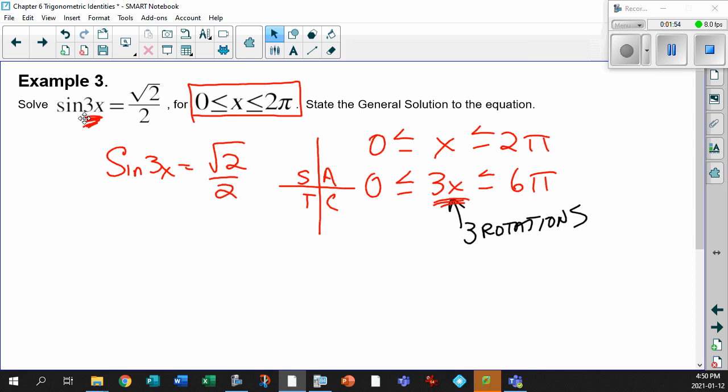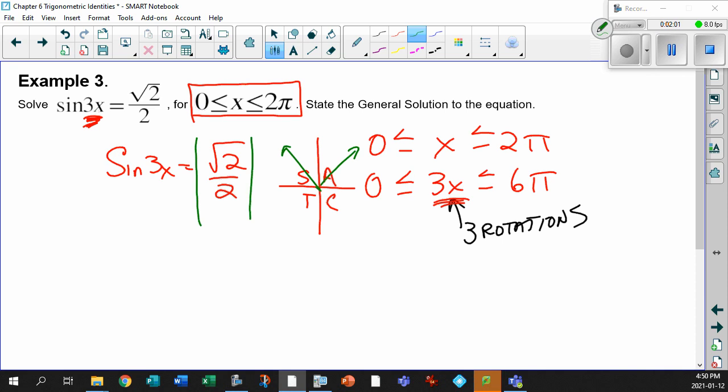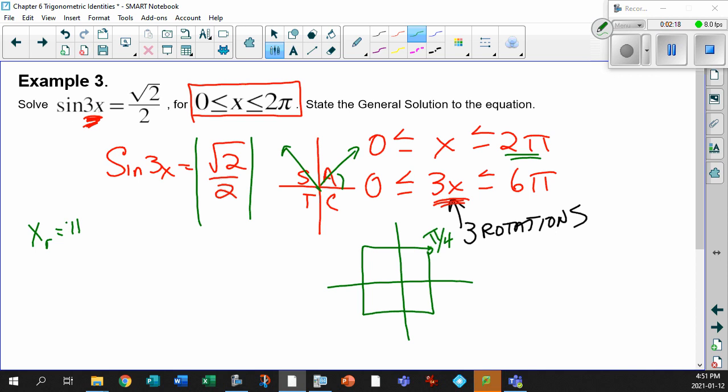We know that sine is positive here and sine is positive there. Perfect. We take the absolute value. Let's find that reference angle then. You know and I know, that's that beautiful square one that gives you root 2 over 2. In radians, that is pi over 4. There's our reference angle. So I can actually say that my reference is pi over 4.